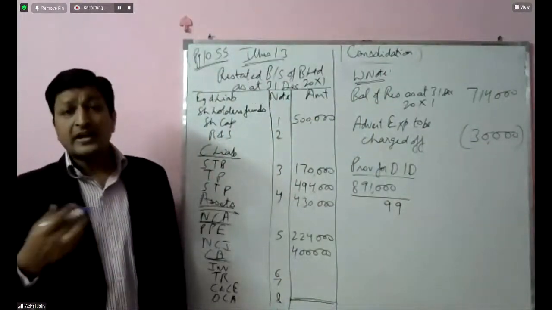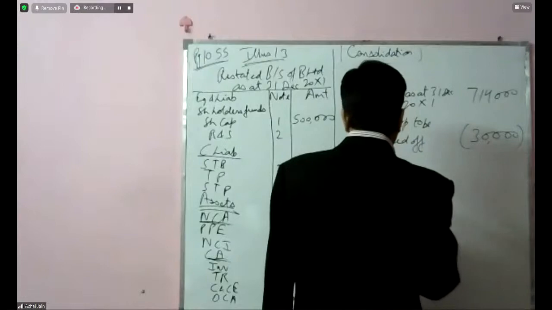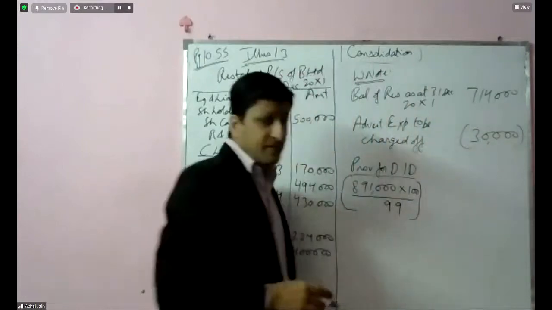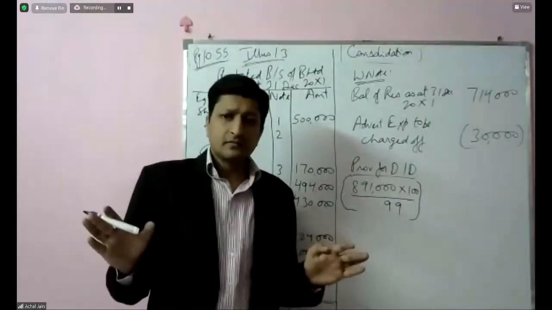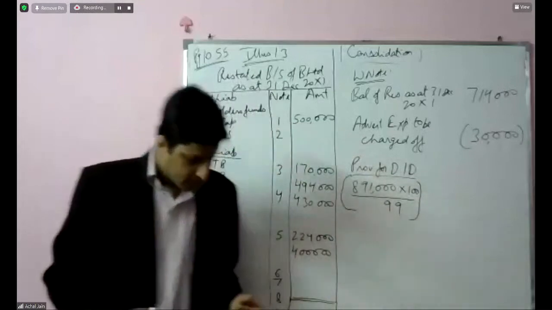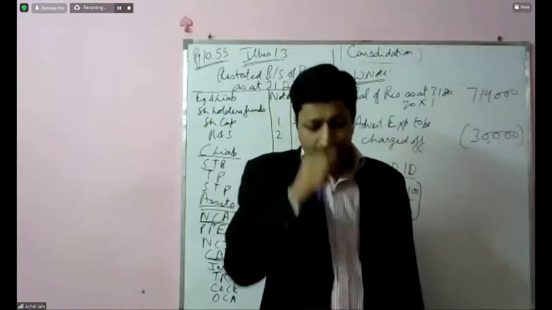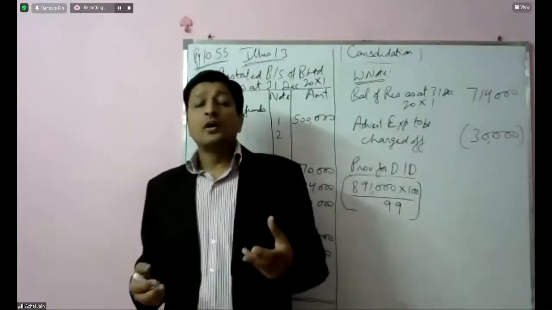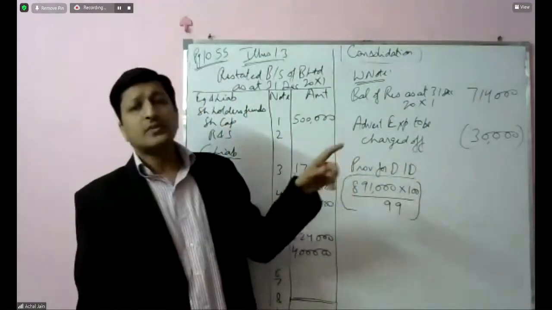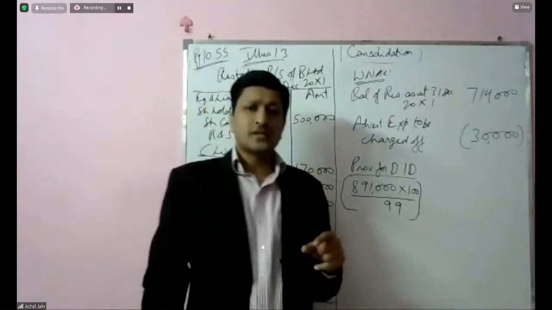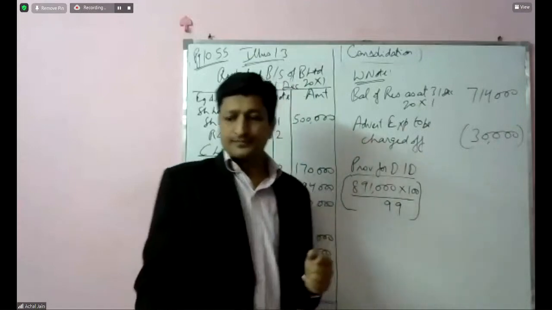And if we have to get the total amount, what do we do? This will give us the total figure without considering the provision. I'm repeating: the company is making a provision of 1%, and I'm just trying to compute that amount. Currently, that amount is reduced from the debtors, so this amount, 8,91,000, is 99% instead of 100%.